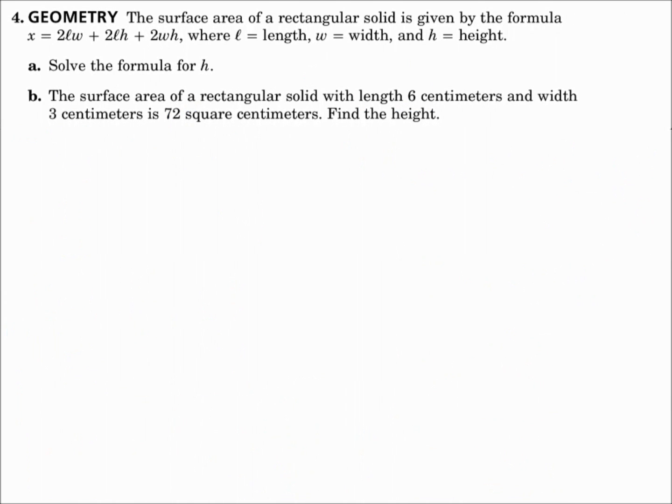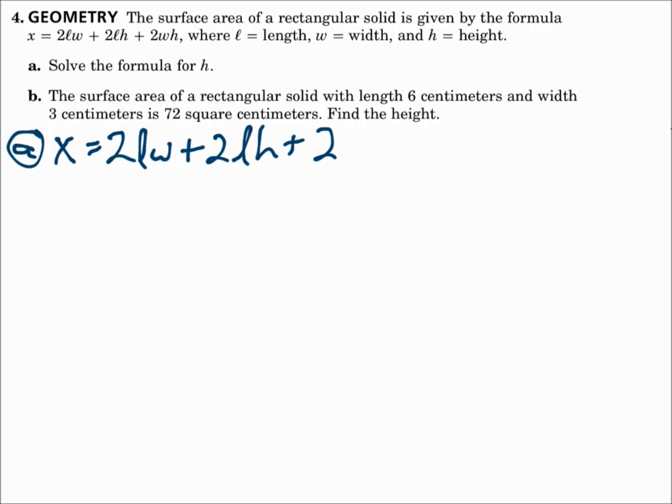The surface area of a rectangular solid is given by the formula x equals 2lw plus 2lh plus 2wh, where L equals length, W equals width, and H equals height. A. Solve the formula for H. Well, if you look, there's H's on the right in two separate groups there.